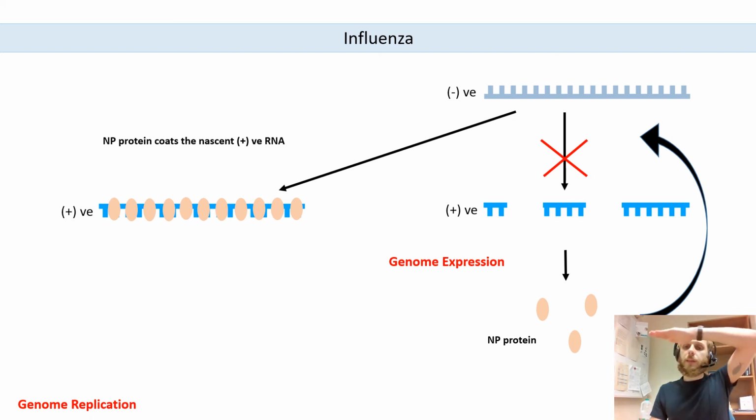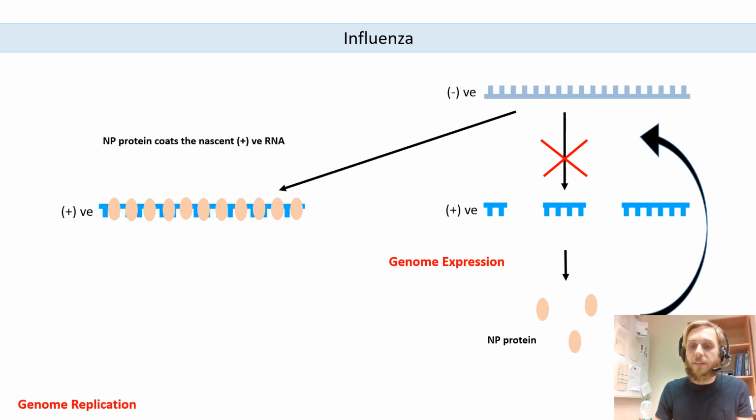So the negative sense RNA genome of influenza is being used to produce positive sense RNA copies. As these positive sense RNA copies are being produced, NP protein coats them and prevents the production of subgenomic fragments.